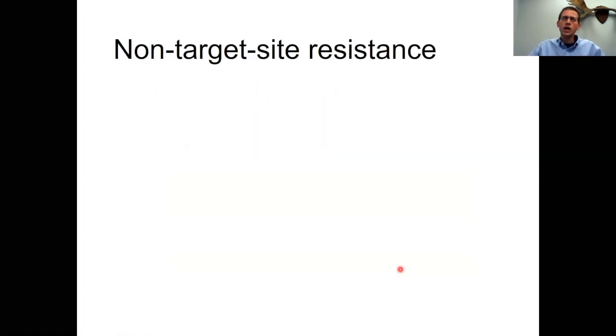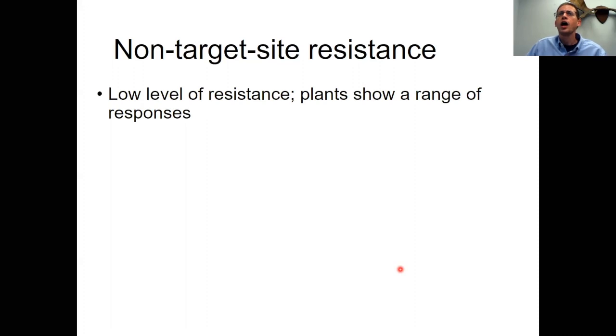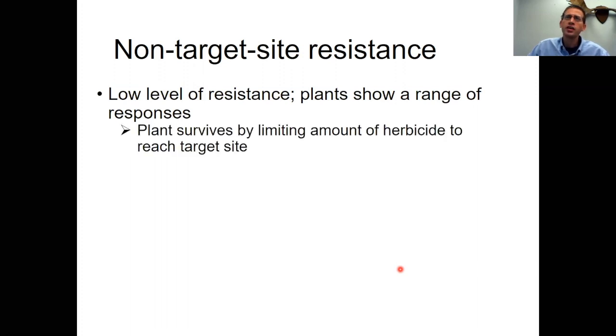Non-target site resistance is fairly new to us. This confers a low level of resistance in plants, and they may show a range of responses. In non-target site resistance, the plant can survive by limiting the amount of herbicide that reaches that particular enzyme or substrate target site.